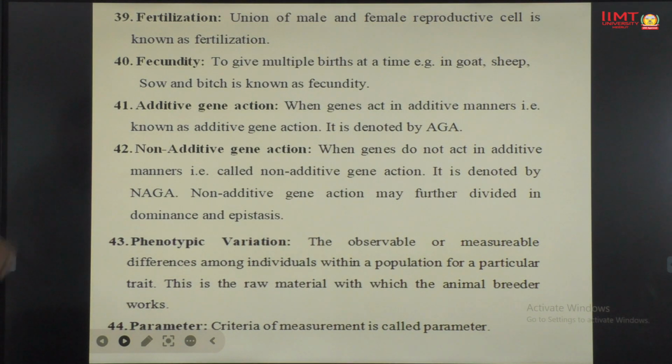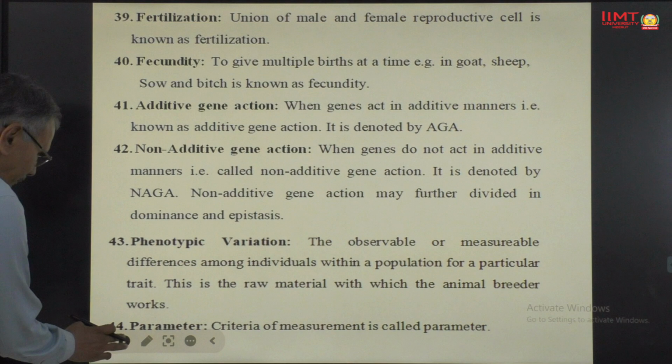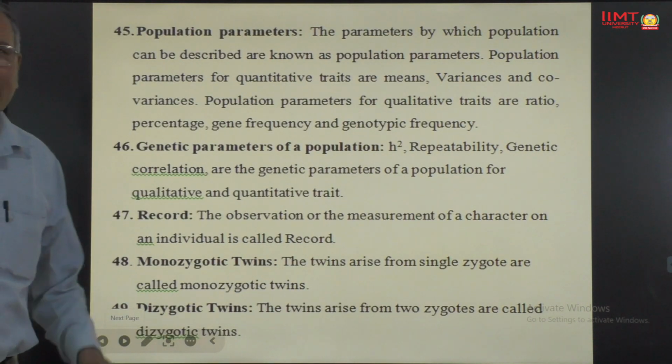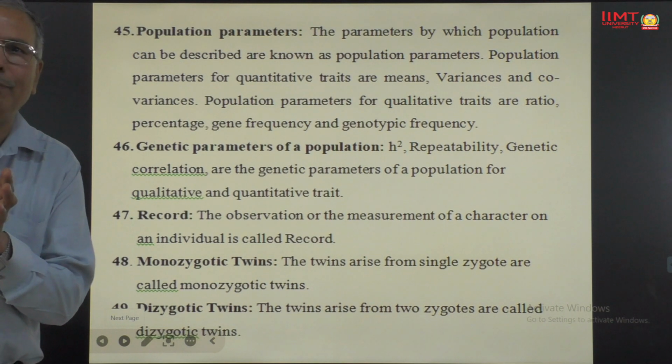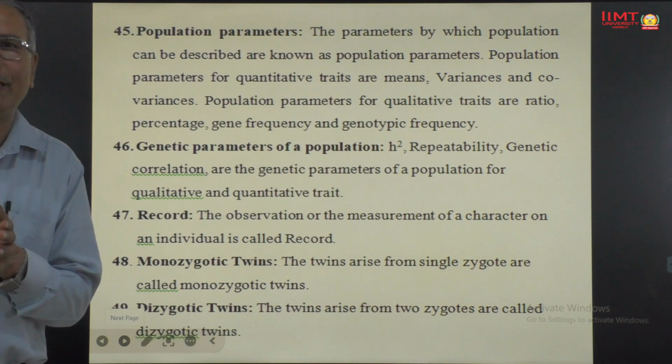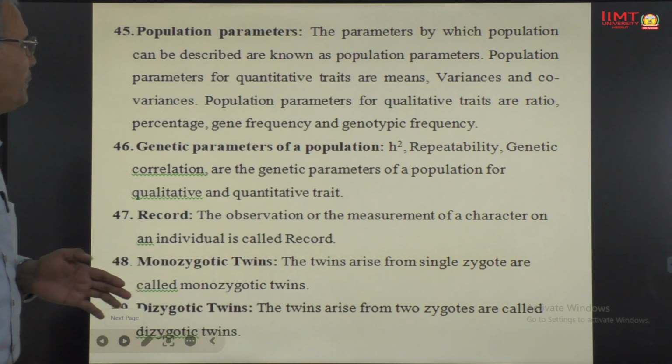What is a parameter? Criteria of measurement is known as a parameter. What is a population parameter? Population parameters are those parameters through which a population can be described.